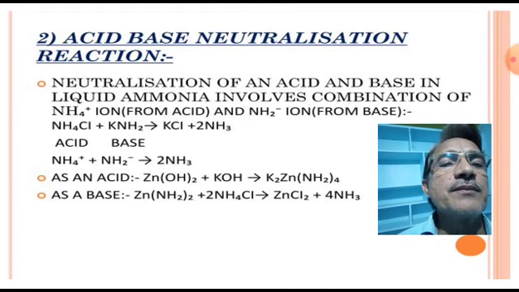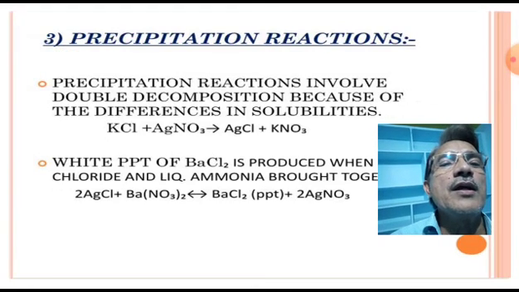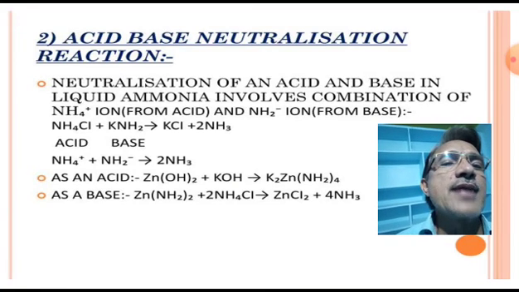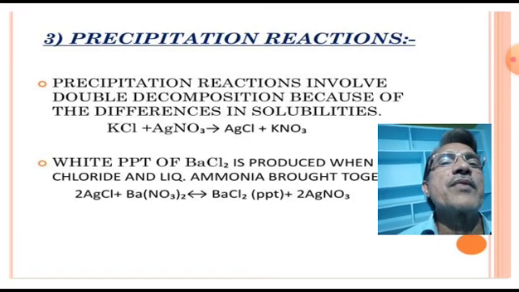As an acid, zinc hydroxide reacts with potassium hydroxide forming a salt. As a base, zinc amide reacts with ammonium chloride producing zinc chloride and ammonia.